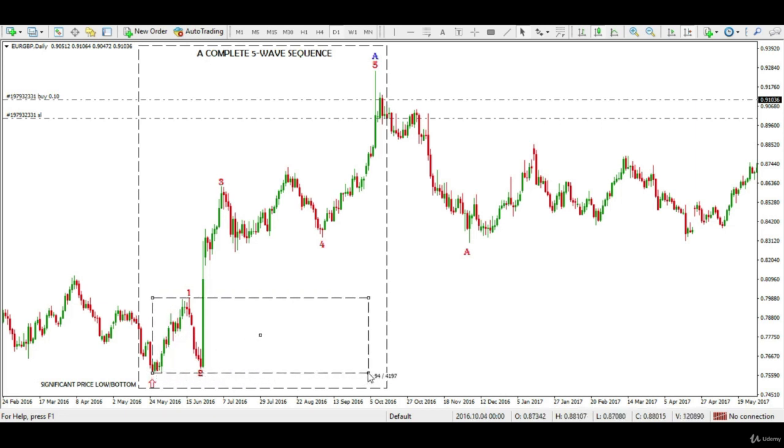We also studied that wave 4 can never overlap the price region of wave 1, which is also proved right by the price movement on this pair.